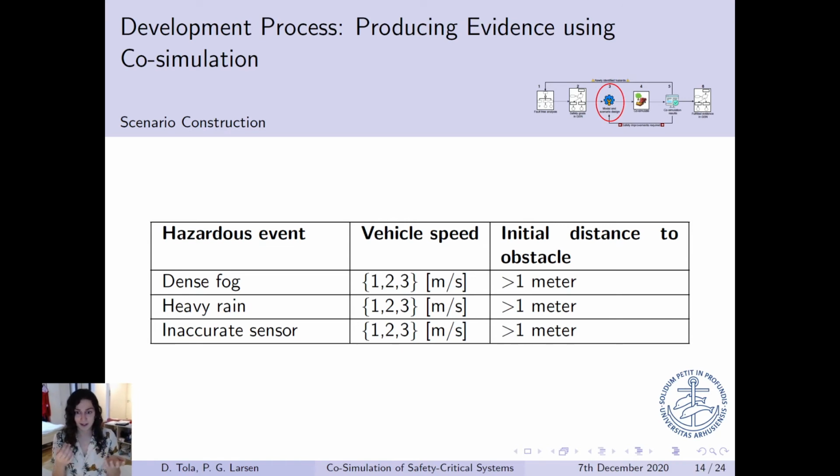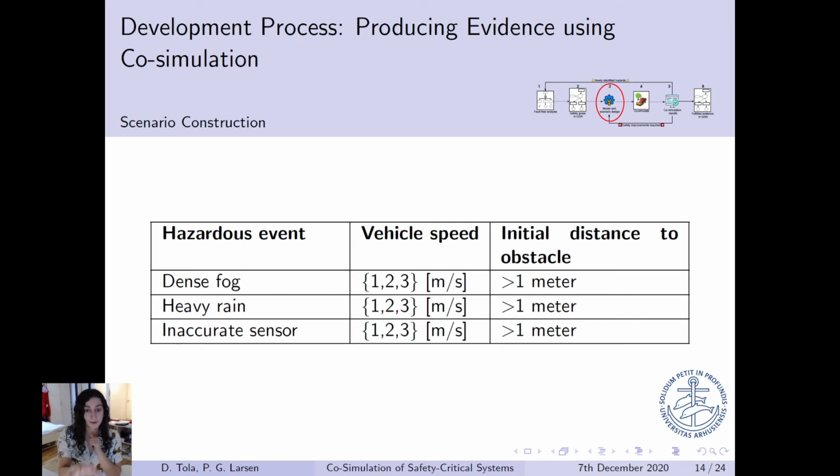These scenarios must be defined so that they are related to the physical system, but will be performed in a co-simulation. For example, you wouldn't want to test these events with real living creatures, but you could simulate animals or obstacles on the path of the vehicle instead.